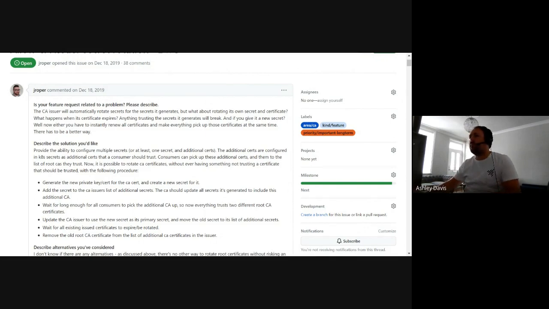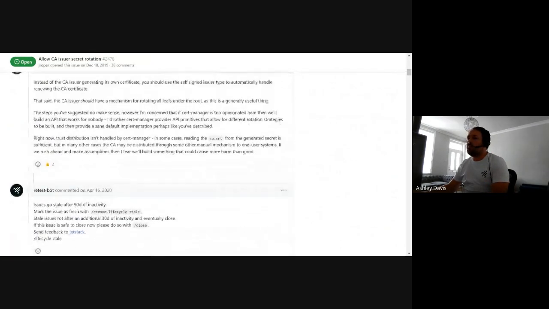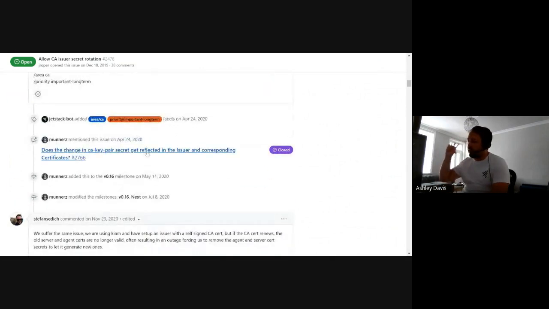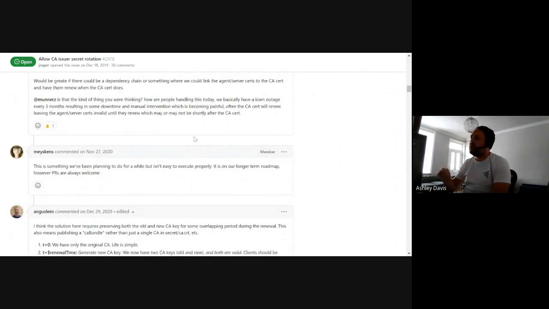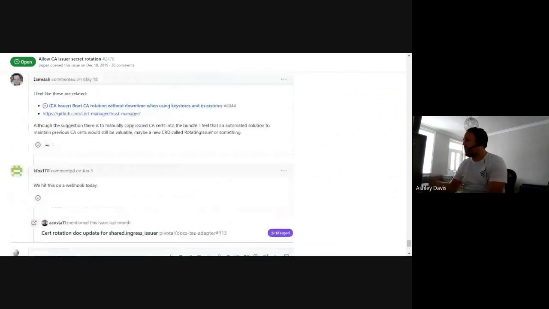The first bit, the trusting stuff, links to a trust manager issue, which I've been trying to keep my eye on, and I believe this person, James, has also commented on the issue you've linked, Peter. The trust manager issue I just linked ends up suggesting, what if we have some record of all the certs that are issued for a given certificate resource? That enables the trust thing, because you can use a separate config map where every certificate gets written.